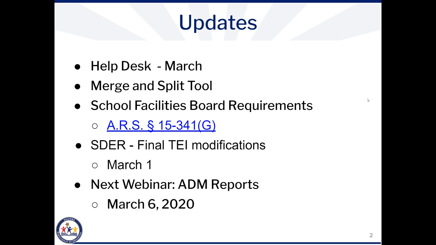If you are modifying a grade or adding a grade to your district, one of the requirements is that you receive approval from the School Facilities Board. It is something that we are going to add to our guidance for the entity profile form. Keep an eye out for that, but it is something that as a district you should be aware of, so that the people at your board, if they are making modifications to the grade levels served, know there is an additional requirement that we're going to add to the entity profile.